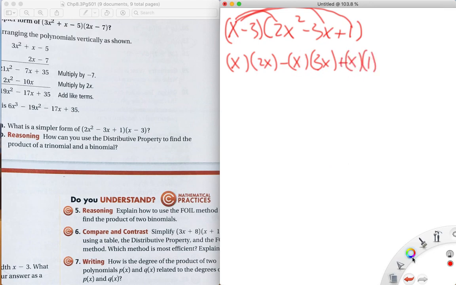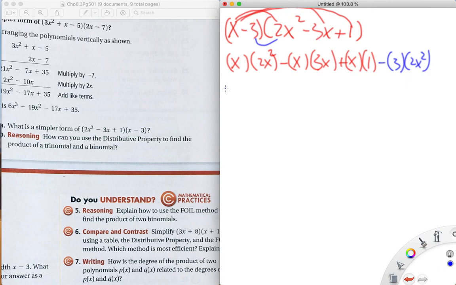Then I can do negative 3 times 2x squared. Oh, that was squared. Yeah, but that's kind of important, isn't it? Alright.